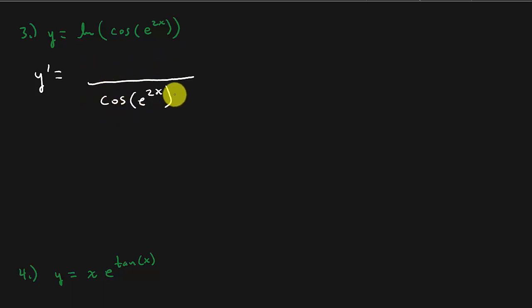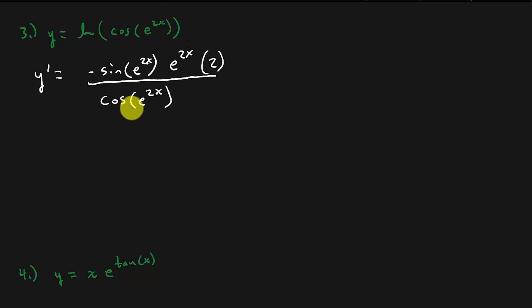So in the numerator, we've got to put the derivative of cosine e to the 2x. What's the derivative of cosine? Negative sine times the derivative of what you're taking the cosine of. So what's the derivative of e to the 2x? That's just e to the 2x times the derivative of the exponent. All I did for the numerator is take the derivative of cosine e to the 2x.